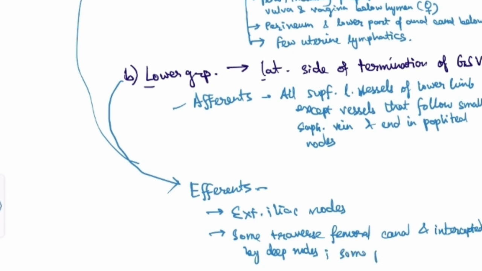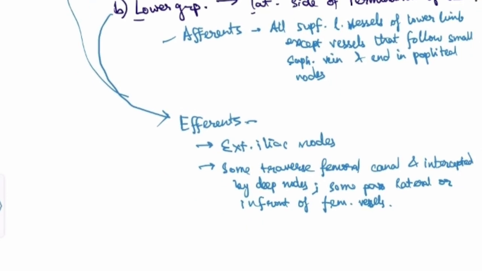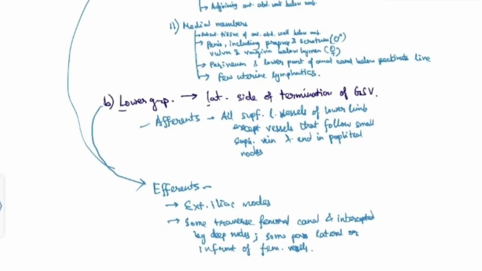Some even pass lateral or in front of the femoral vessels. So you can see that these mainly traverse the femoral canal and are intersected by the deep nodes. Some even pass lateral to the femoral vessels.